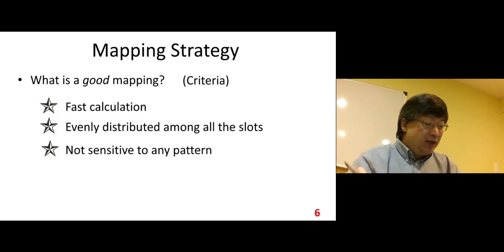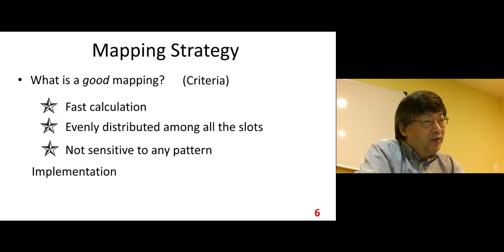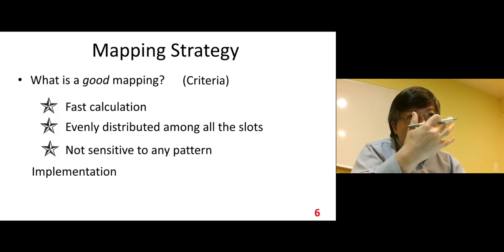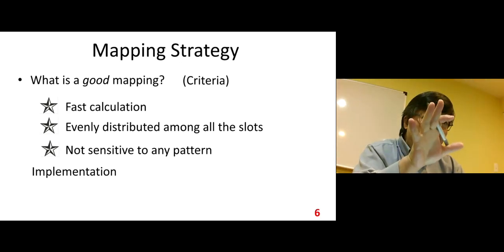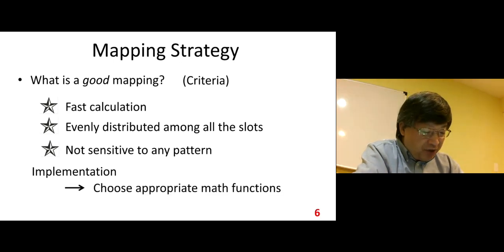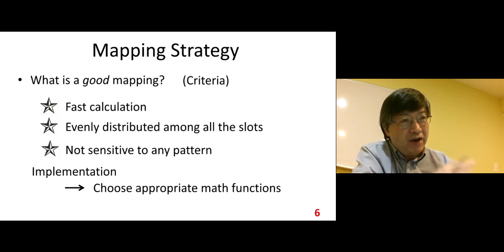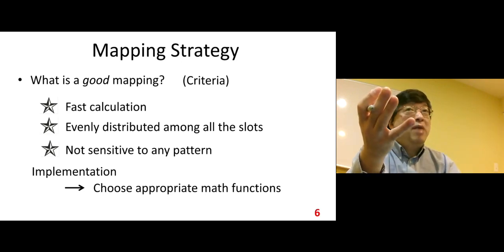All right. So implementation. With these guidelines, the next question is implementation. How do we do that mapping? How do we find a mapping way to have these properties? The issue becomes choosing appropriate math functions, because what is the mapping?